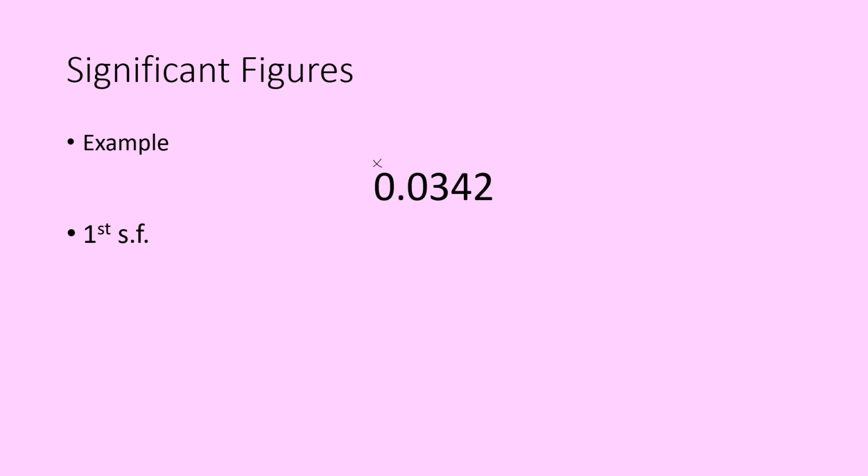It's not this 0. The first significant figure is therefore 3. The second significant figure, we move to the next along and it's 4. The third significant figure, we move along to the right and it is 2.